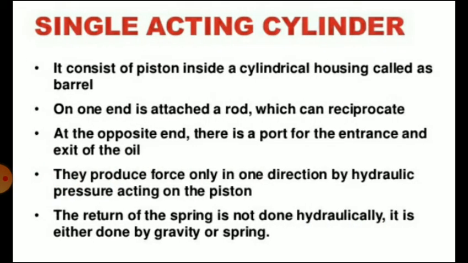It consists of a piston inside a cylinder housing called the barrel. On one side is attached a rod which can reciprocate. At the opposite end, there is a port for entrance and exit of the oil.